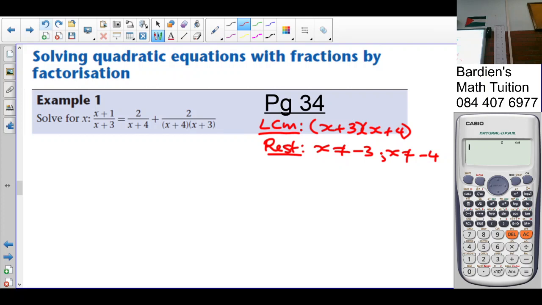So now we're going to multiply each side by the LCM. So we ask ourselves, the first fraction is short of what in the denominator to get the LCM completely? X plus 4. So x plus 3 must be multiplied by x plus 4 and x plus 1 must be multiplied by x plus 4. You all agree with that?